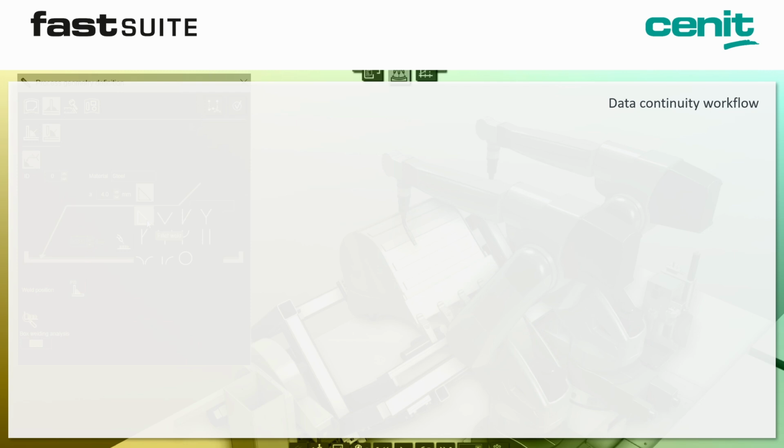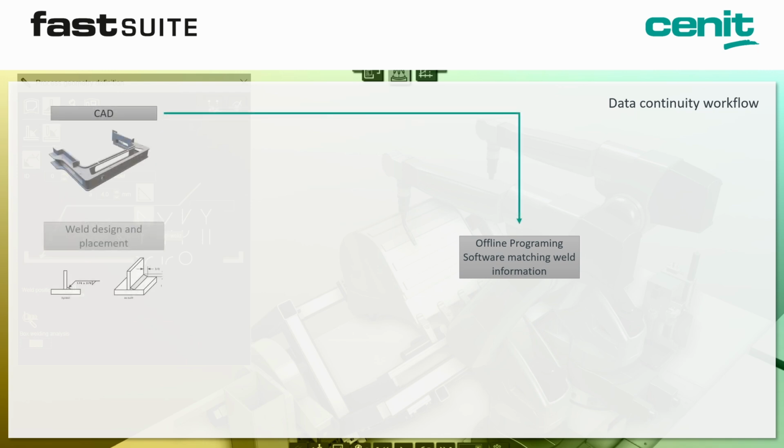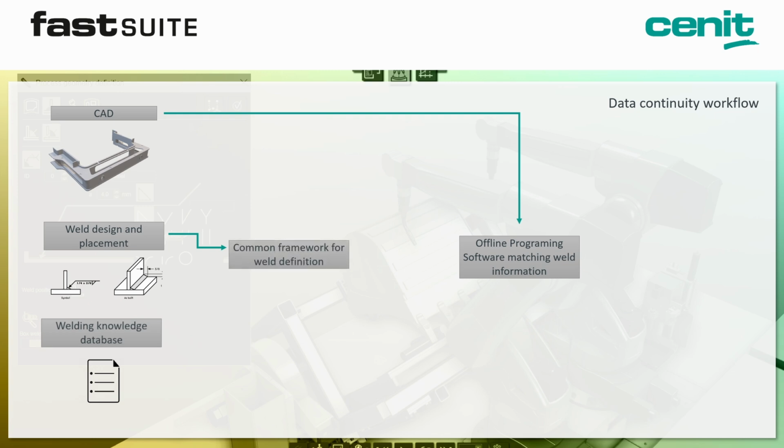This is where the idea of data continuity comes in. The concept of data continuity is to use the same information that we created and migrate it into our other systems. So we make the data compatible from the design, from the process feasibility, all the way until our end program.